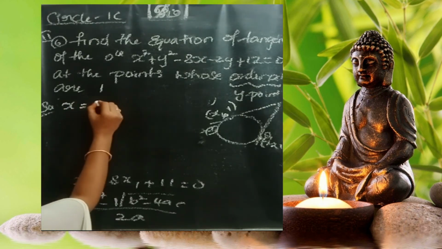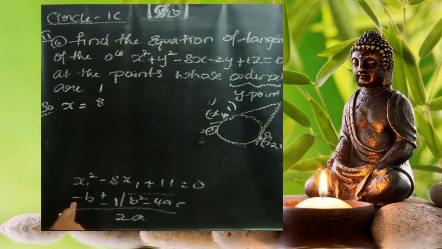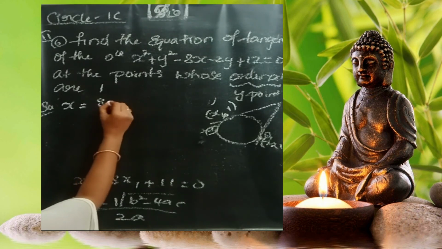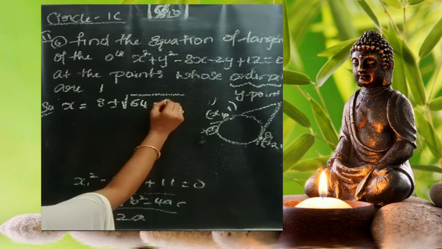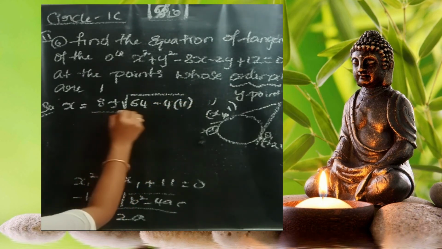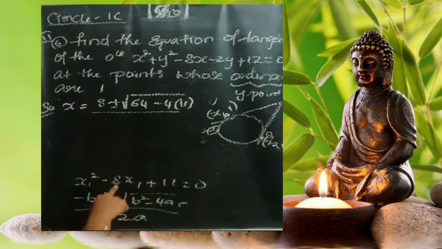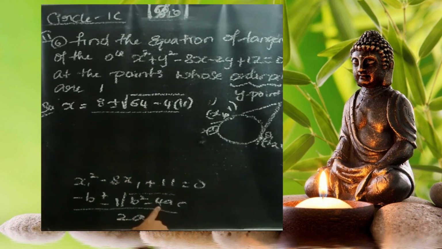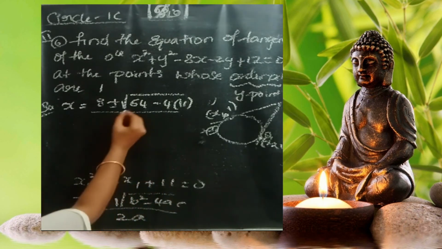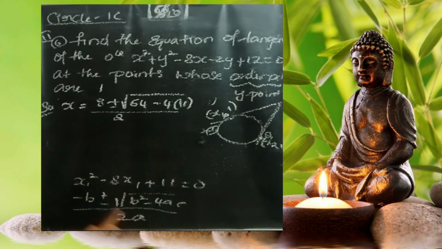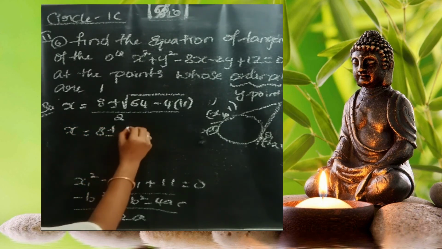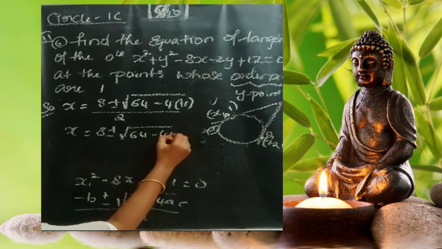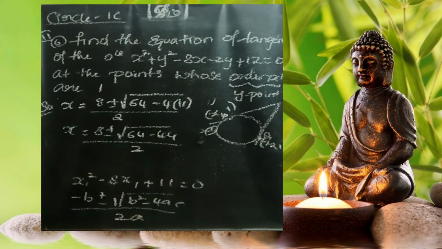So x equals 8 plus or minus root of 64 minus 4 into 11, by 2. The coefficient a of the x1 square term is 1 and c is 11, so 2a is 2. So x equals 8 plus or minus root of 64 minus 44, by 2.